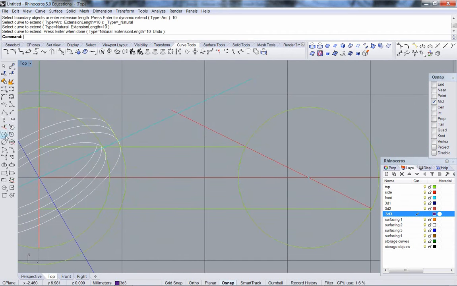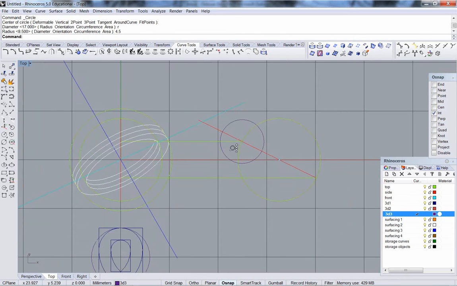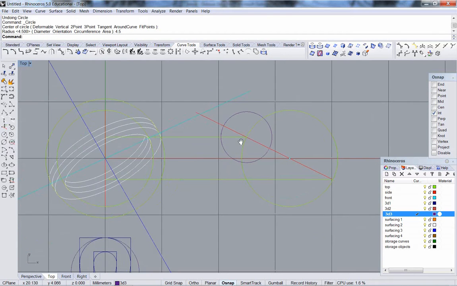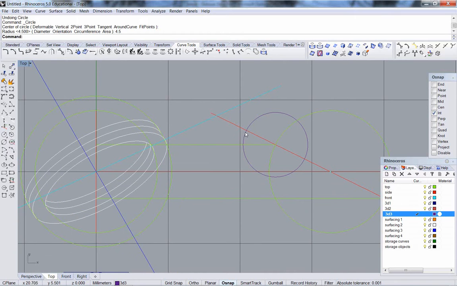So if I measure off 4.5 millimeters over here, that's about, I don't know how that ended up being, 8.5. Okay. That's about the height I need to have my stone sitting at in the 3/4 view.